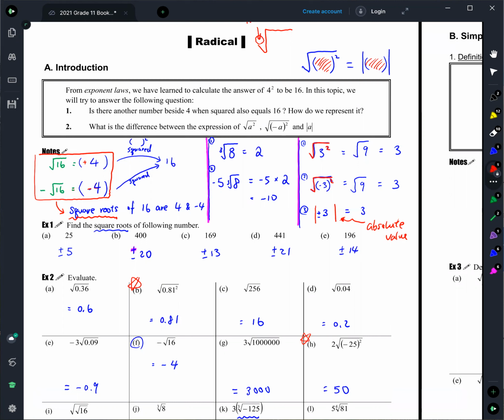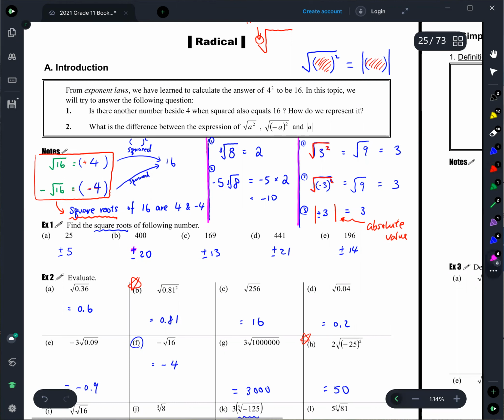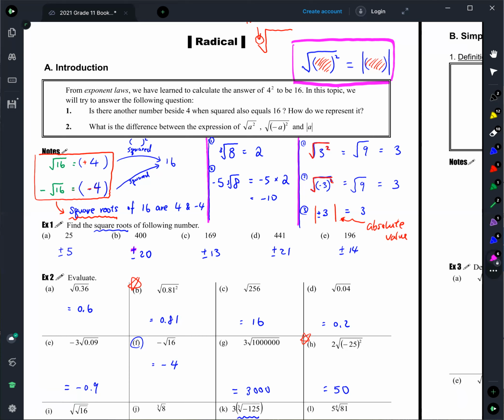They mean the same thing. You can box that. So next time, if you see this 2-bar symbol, don't be surprised. It just means the same as a square and a square root together.